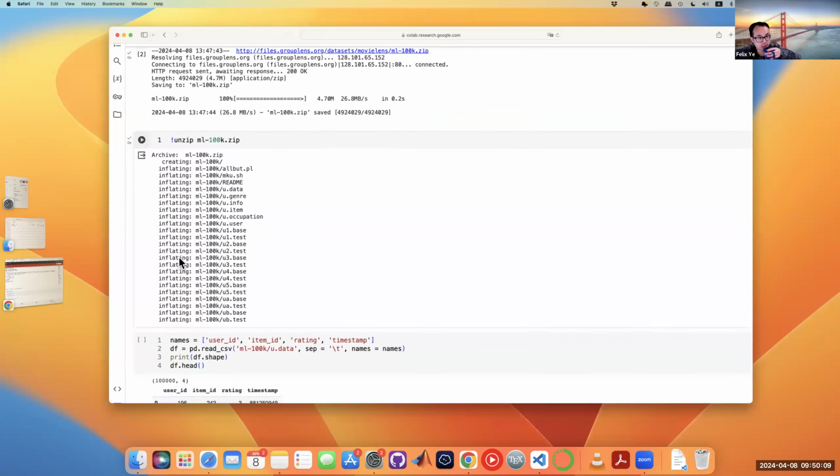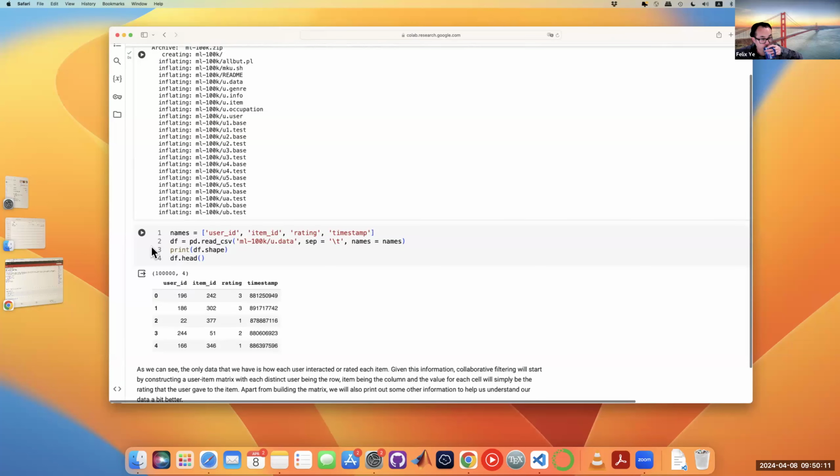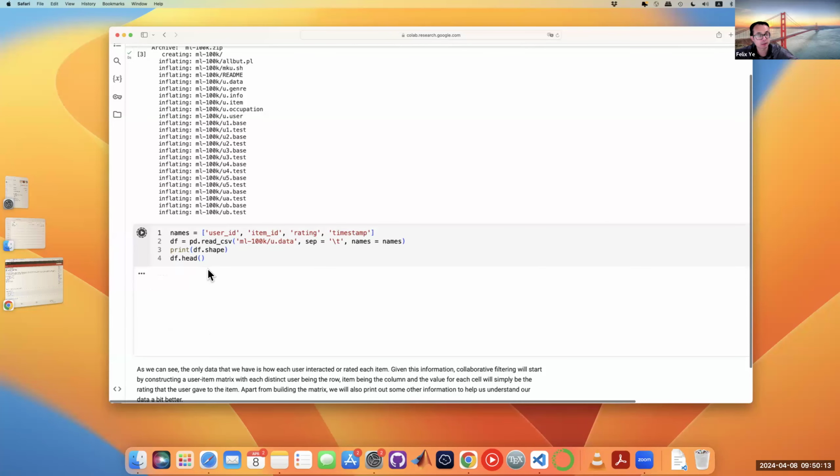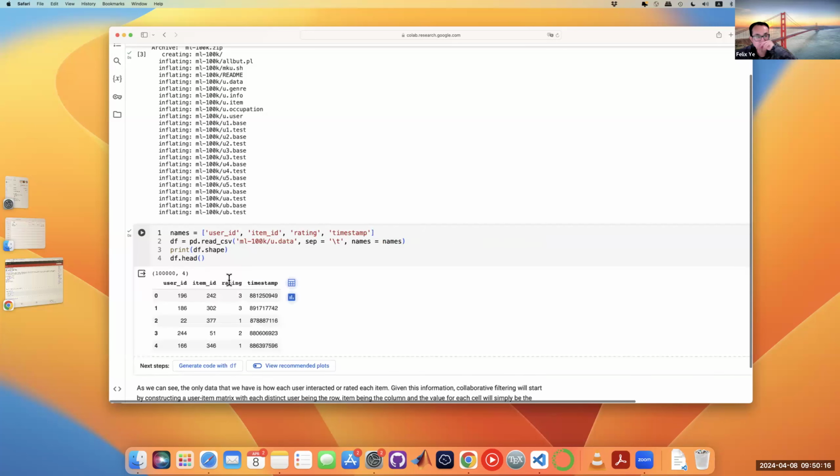Okay, so let's unzip the data. Let's just load the data. You can see this is the user ID, this is the movie ID, this is the rating. In total we have 100K ratings from various different users to various different items.